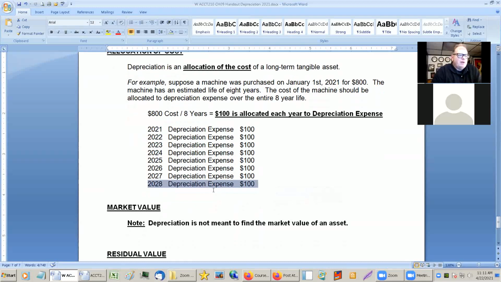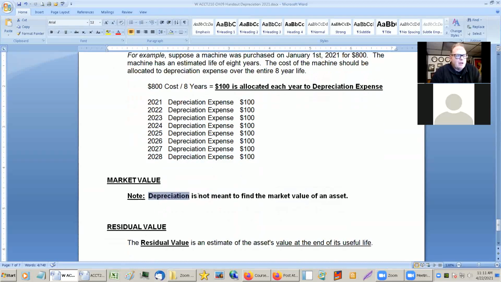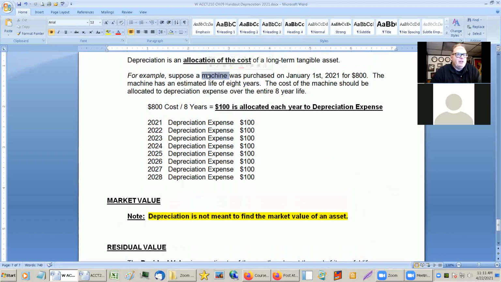Okay, now this is somewhat important. Depreciation is not meant to find the market value of an asset. So, for instance, the machine, we purchased it for $800. If we go down 3 years, you say, okay, well, we've expensed $300 of it, so it's what, $500?